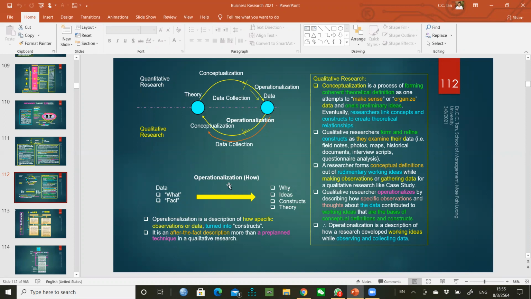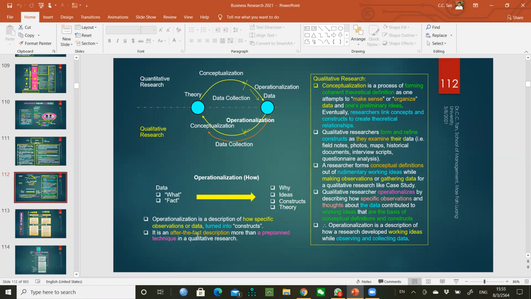And the quantitative has very much been discussed, in the sense that you have to provide good definitions, question designs and things like that. So from the qualitative, we are moving from the what and the fact of the data towards those concepts.